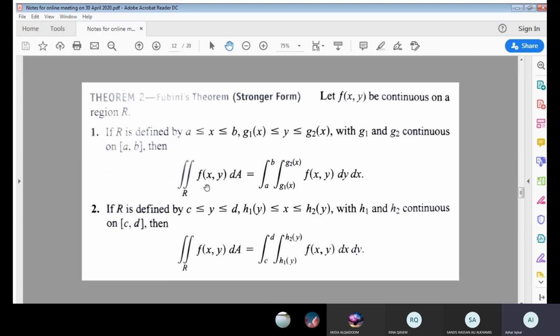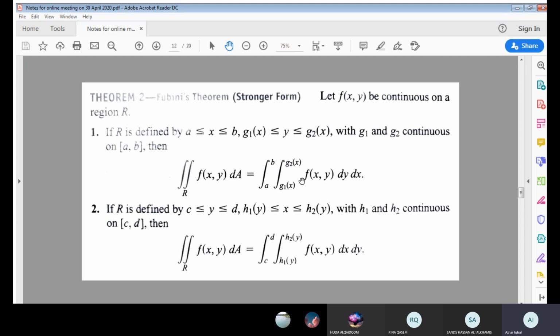In that case, the double integral of this function of two variables over the region R is calculated by integrating f(x,y) from g1(x) to g2(x). In the calculation of this middle integral, x is considered a constant.